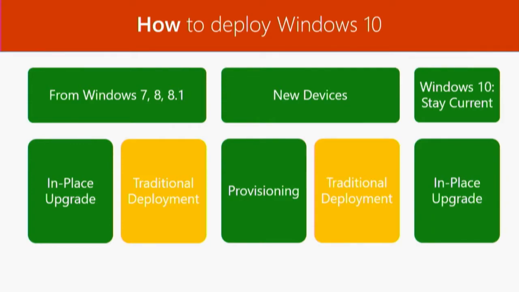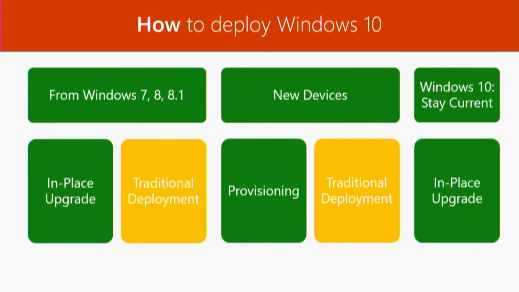So in a lot of cases, organizations still look at traditional deployment using an image-based approach, using MDT, using Config Manager, bare metal deployment, or something like that, to take new PCs and re-image them. You can still also use an image-based deployment to go from Windows 7, Windows 8.1 to Windows 10.